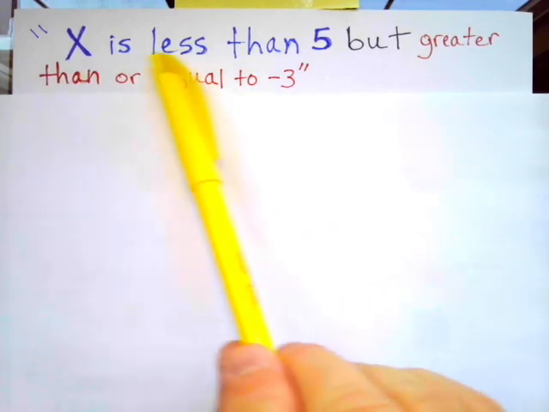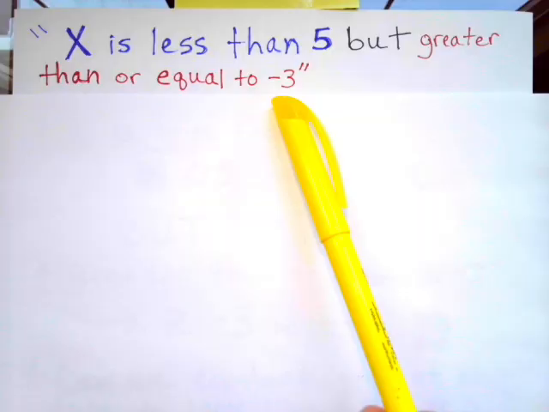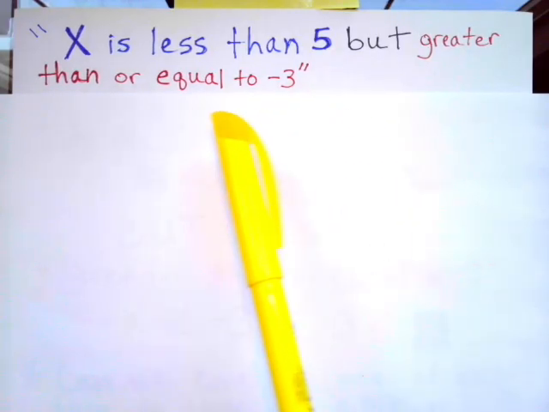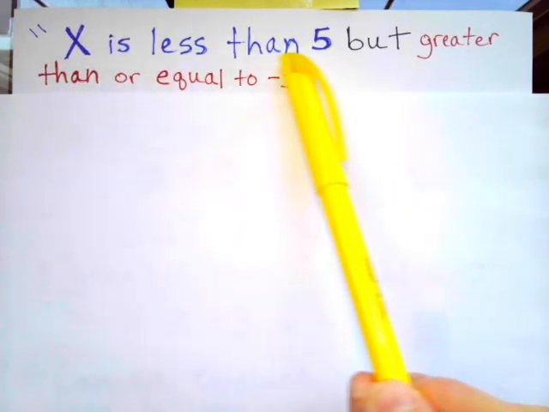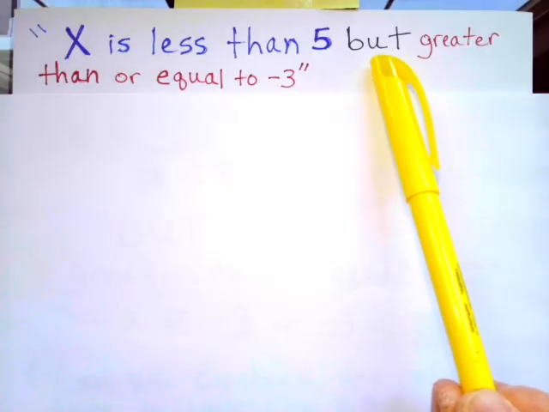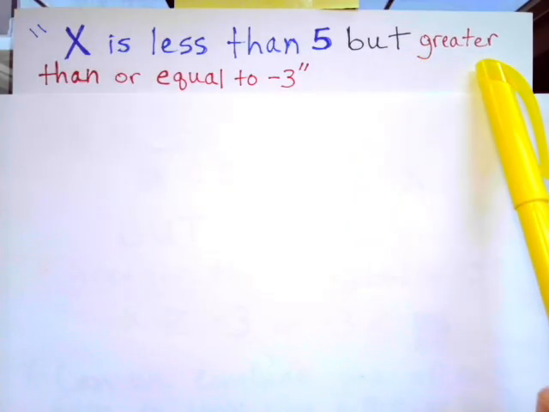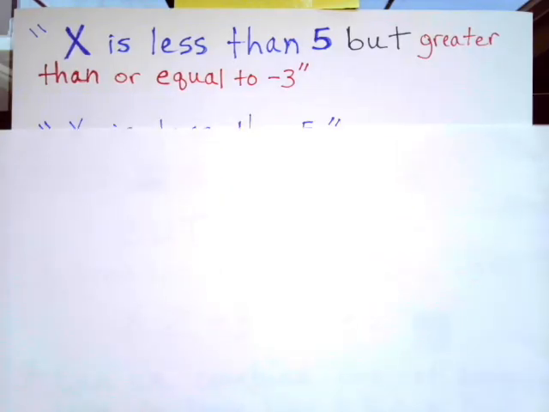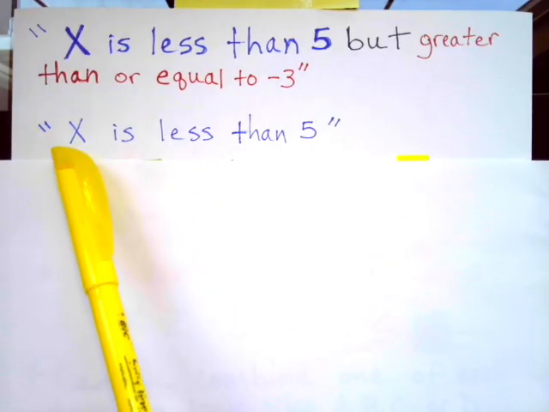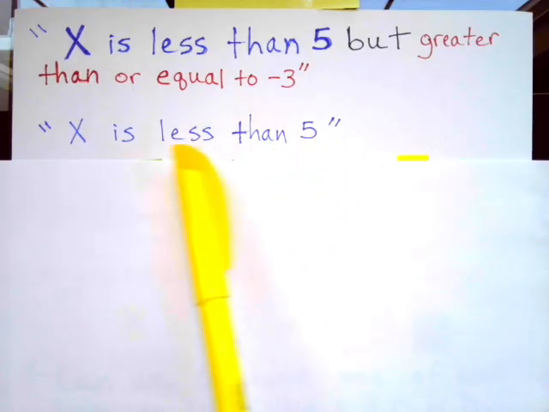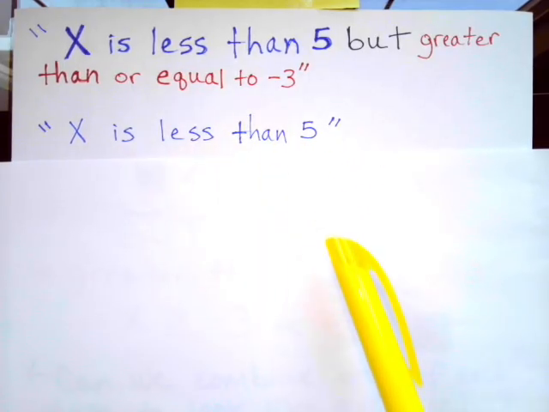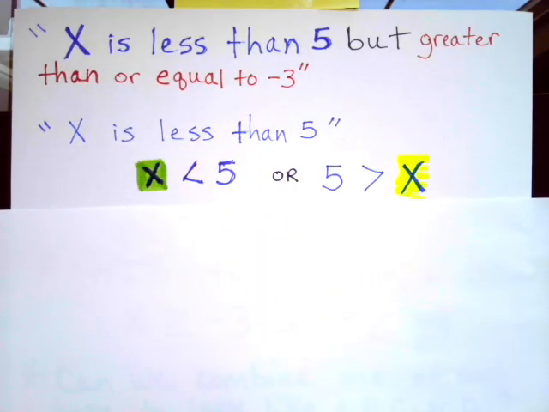So I'm going to break down this inequality statement piece by piece. The blue section is separated with the "but" in the black, and then "greater than or equal to negative 3" in the red. So, x is less than 5. What would this look like if we wrote it down? Well, we have the inequality symbol here: x is less than 5.